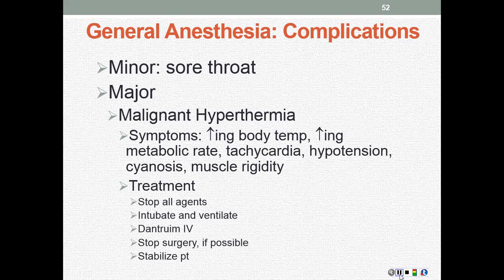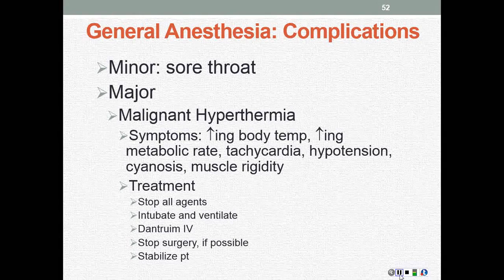Temp, acidosis, and maintain their oxygen status. So basically, we stop everything that we're doing, stop all their anesthesia agents. If the patient is not intubated, we will intubate them at this time and ventilate them, 100% oxygen.